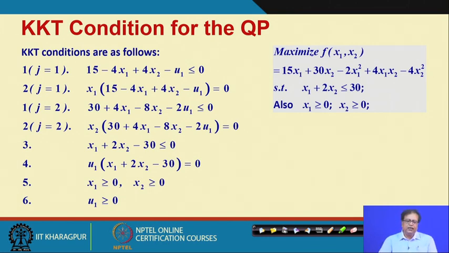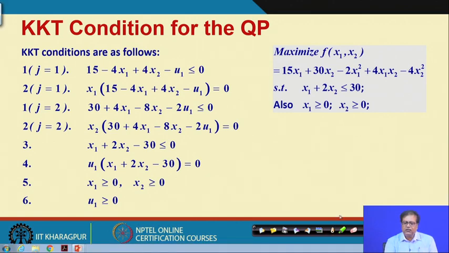So, if we have to take KKT conditions, then what we have to do? We have to write the Lagrangian function first. The Lagrangian function for this would be L of x 1, x 2 and u 1. We could have written lambda 1 also, no issue.